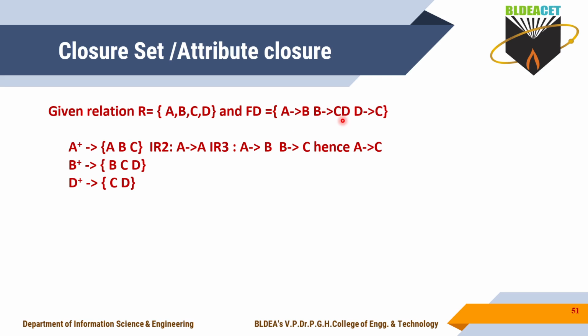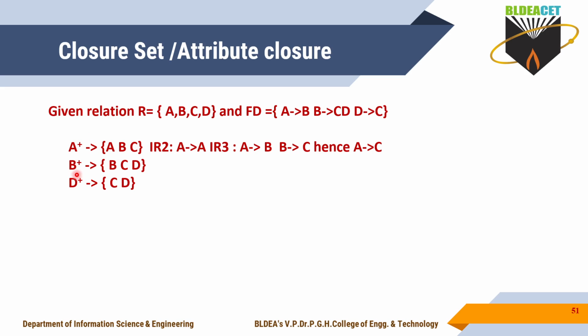After applying the decomposition rule, I got B determines C and B determines D here. By applying the transitive rule, A determines B and B determines C, so I can tell that A determines C here. Now after applying IR3, I get to know that C is also functionally dependent on A. This is how we get two more attributes in this closure set: A, B, C. This is what we call A plus here.